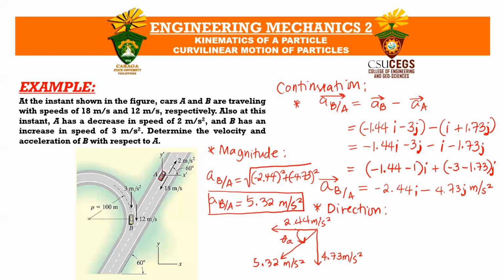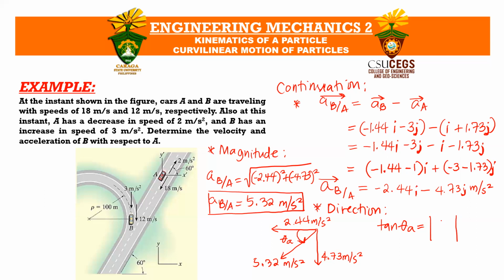Based on the figure, we will use the trigonometric function tangent theta A, which is equal to the opposite over the adjacent. Again, we will use absolute values.